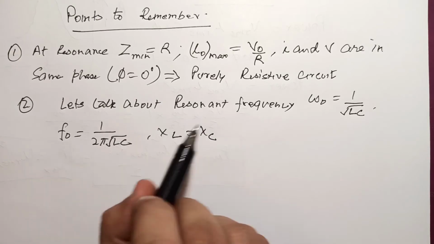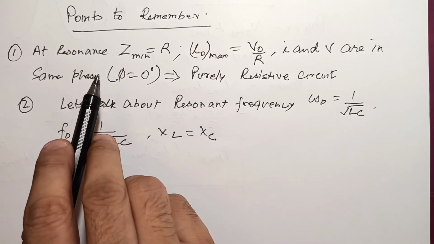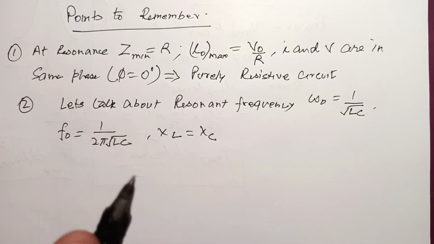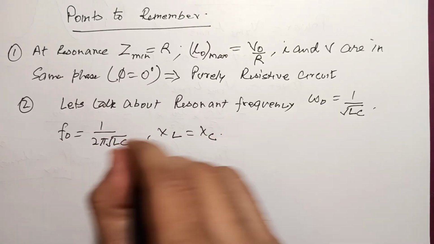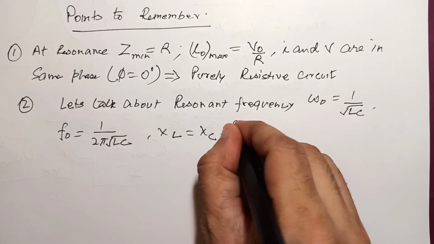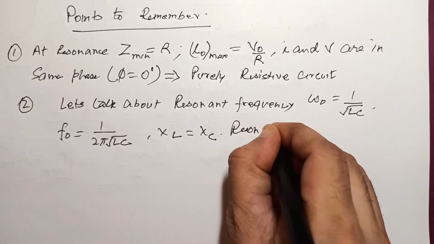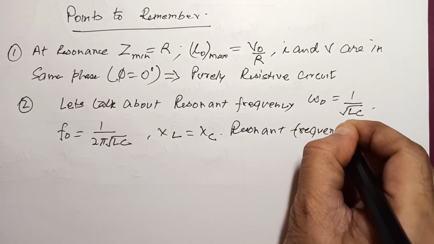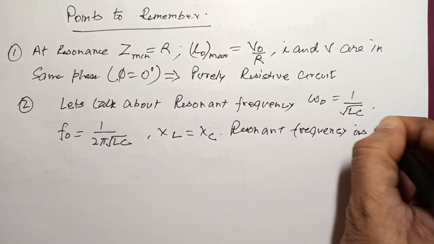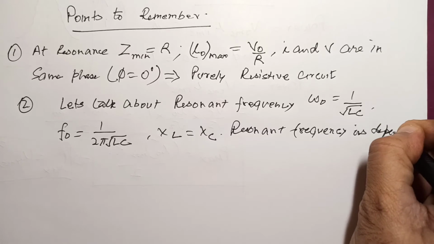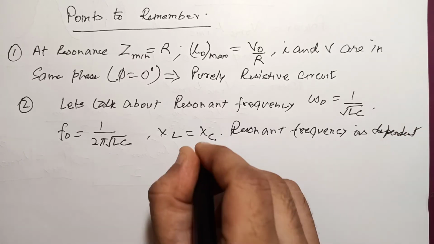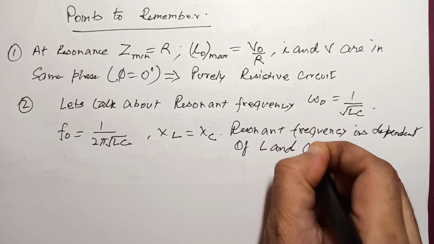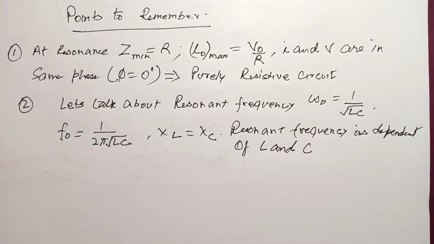Now, the resonant frequency is dependent on L and C, which means it can be changed if we change L and C.